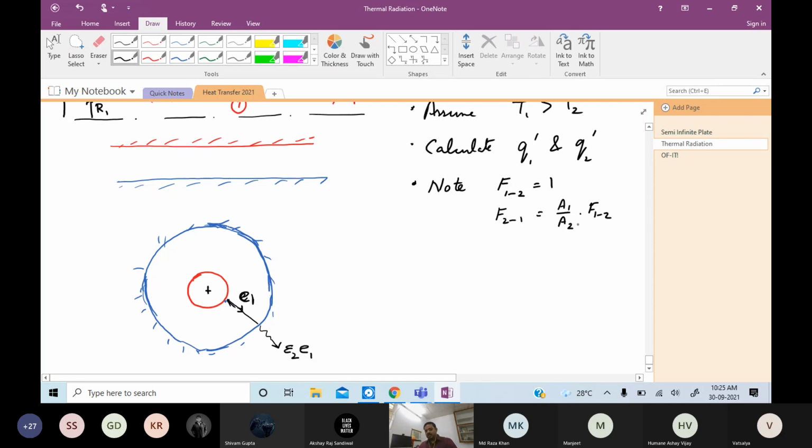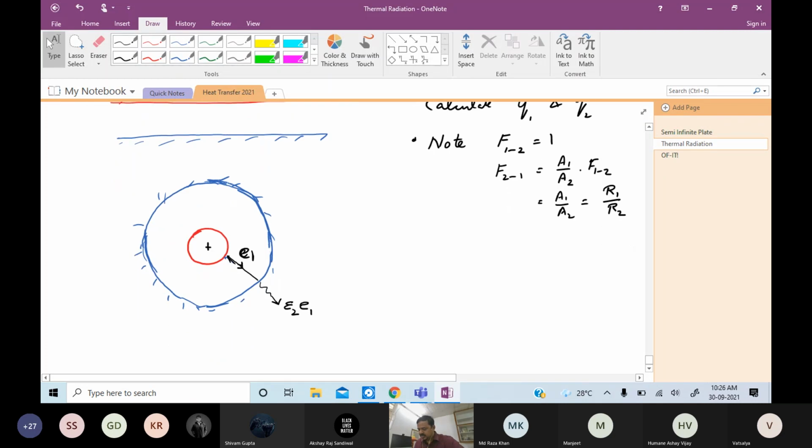What is the area? Surface area of the inner tube, outer surface of the inner tube? 2 pi r1 l, where l is the length. And what is the surface area of the inner surface of the outer tube? 2 pi r2 l. So a1 by a2 is equal to r1 by r2. Okay. So this will be equal to a1 by a2 or r1 by r2. Keep this in mind.